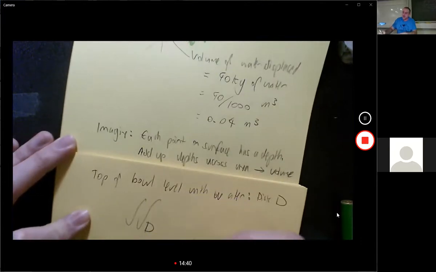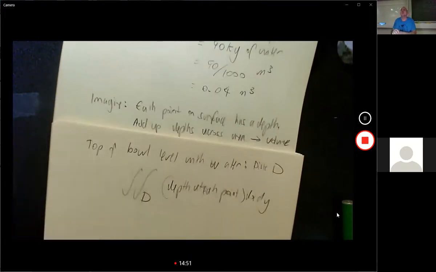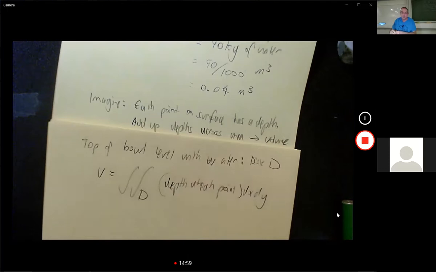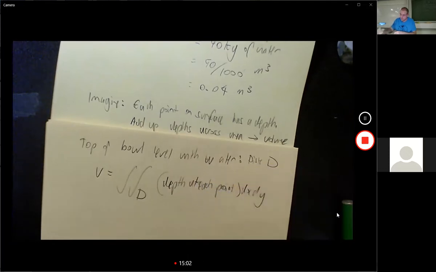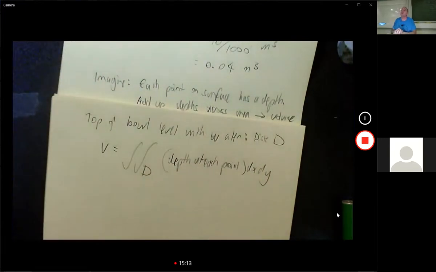It'll be the integral across the disk of the depth at each point times the area that depth is taking up. That's going to be the volume that I'm looking for. So I need to figure out what the depth is at each point, and I also need to figure out how to locate every point in this thing. So I'm going to just redraw my picture.